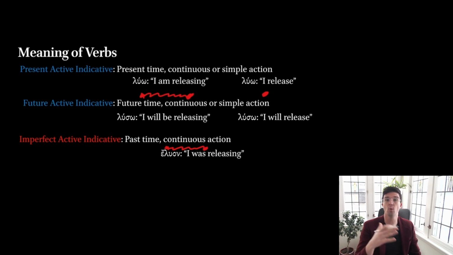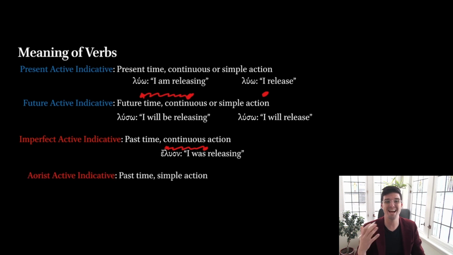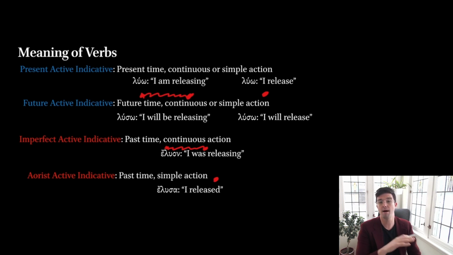So "I was releasing." It was an ongoing action in the past time. Whereas the aorist active indicative is going to be this simple punctiliar action where the action is just viewed as a whole, as an "I released." Nothing is being said about the duration of the action when it comes to the aorist tense.